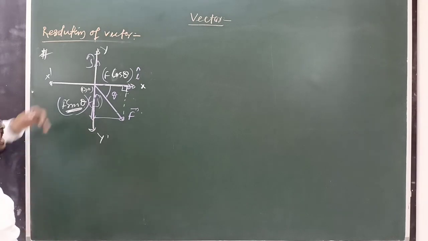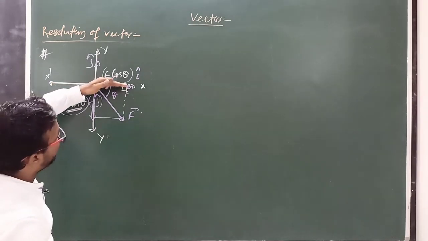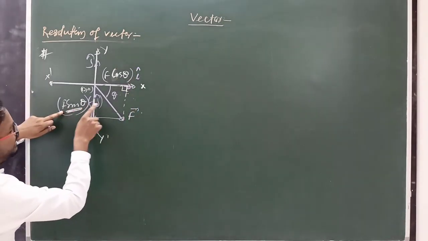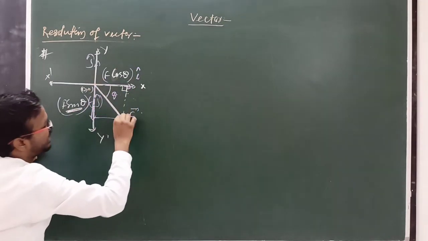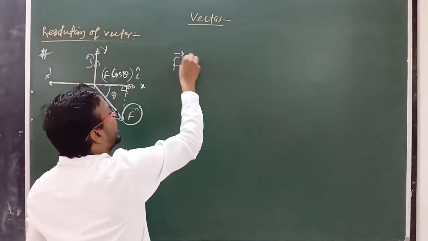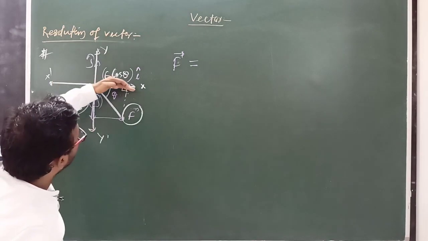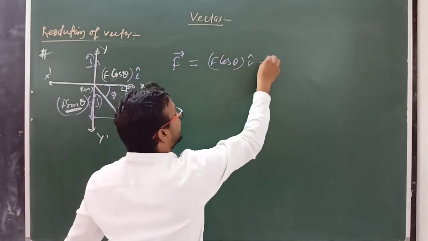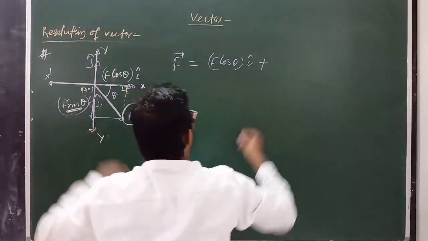Clear? That means f cos theta i cap plus how much? F sin theta minus j cap, which gives the resultant vector, that is f vector. So how much is f vector? f vector can be written as f cos theta i cap plus this vector. How much here?